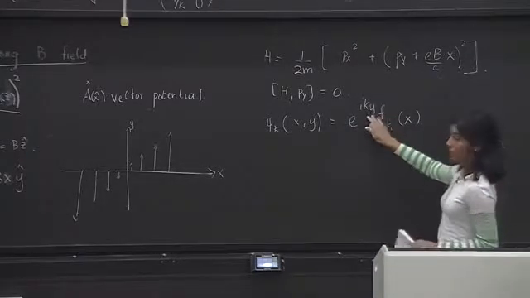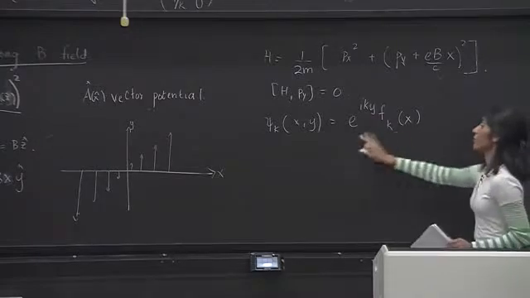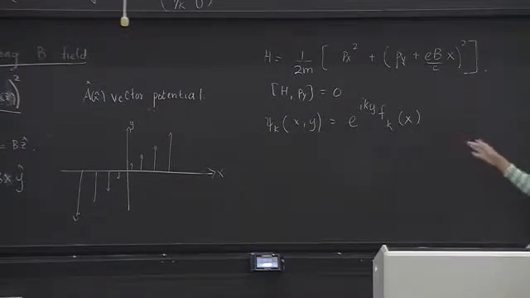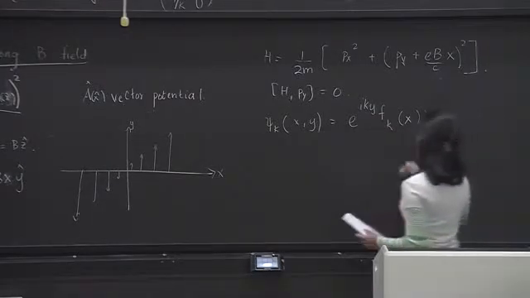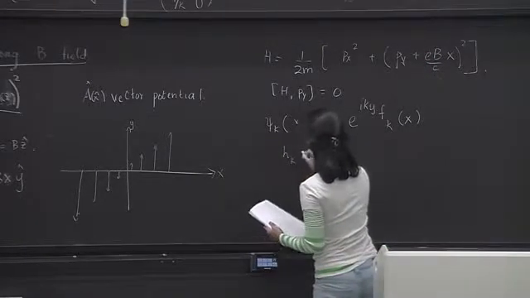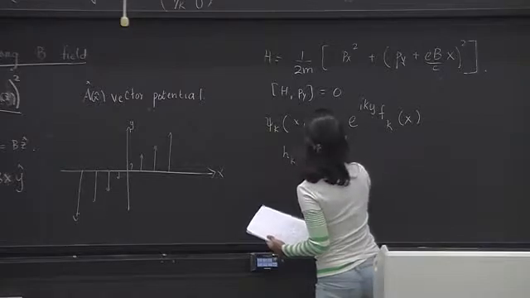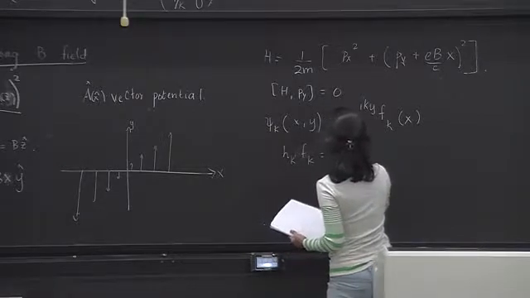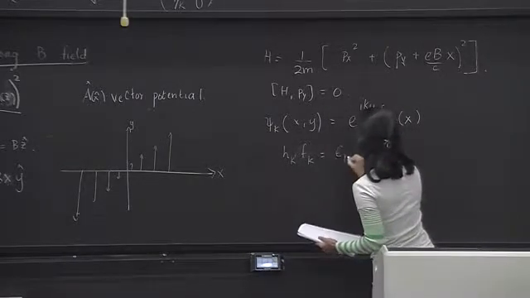It's going to look like a plane wave in the y direction, and then there's going to be some function f_k that depends on x. Okay, so that's nice. We plug it into this, and we find that we need to solve h_k f_k = E_k f_k.